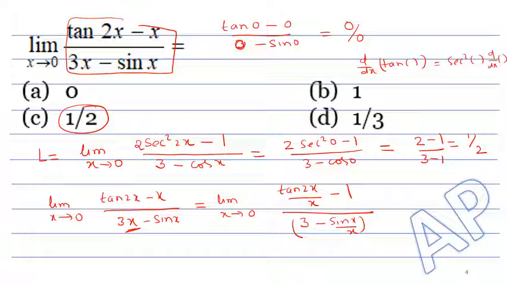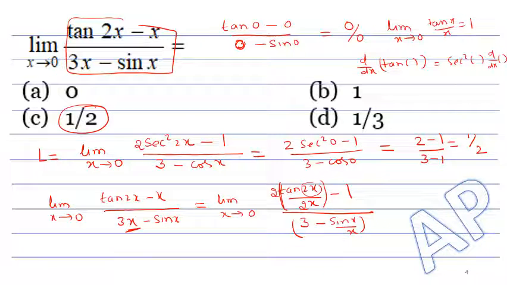We have a formula, limit as x tends to 0 of tan x by x is 1, but I have tan 2x here divided by x. So I will multiply this by 2, that is I will multiply both numerator and denominator by 2. Now you can observe the brackets.